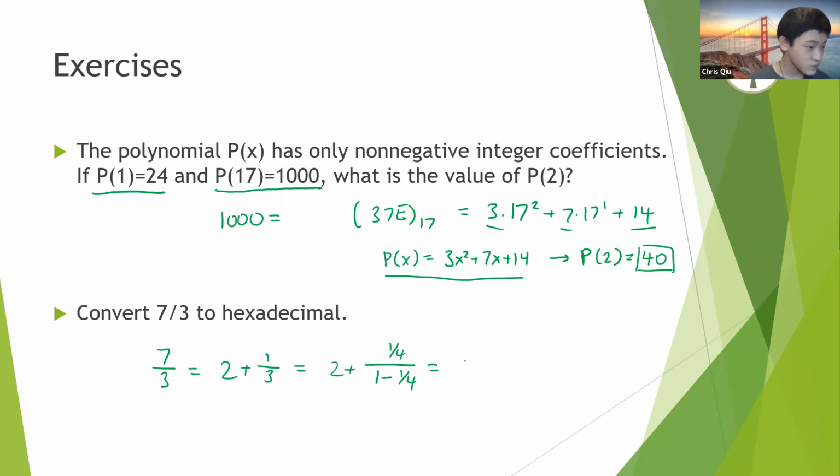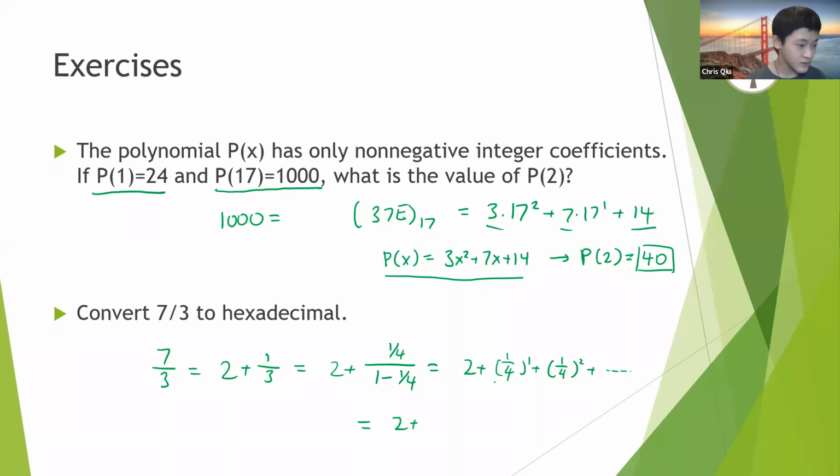So in fact, we can write this as 2 plus 1/4 to the first power plus 1/4 to the second power, and so on, infinitely. This is interesting because now we have these numbers, and we can start to convert to hexadecimal.